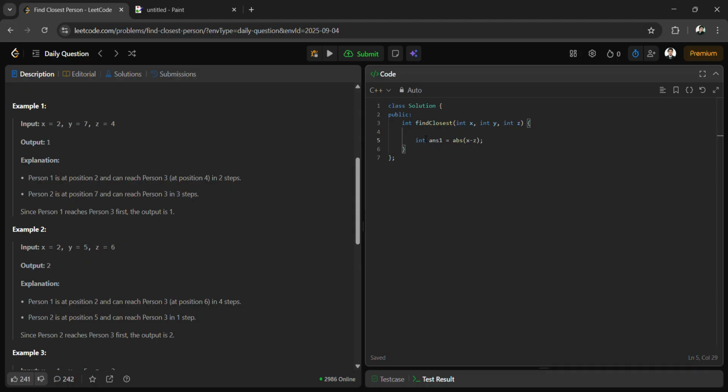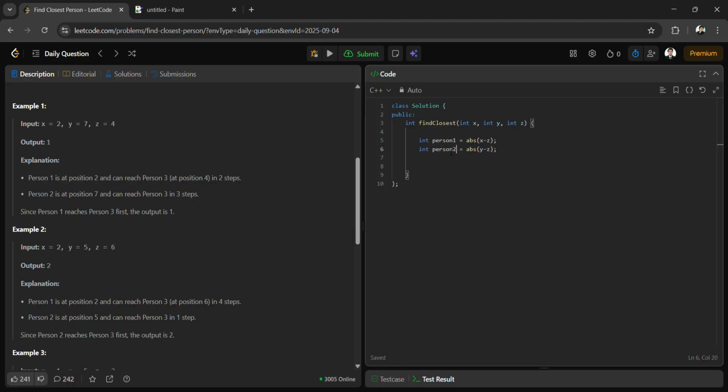And int answer 2 is equal to the absolute difference of y minus z. Then we compare both of them, for better understanding calling them person 1 and person 2.